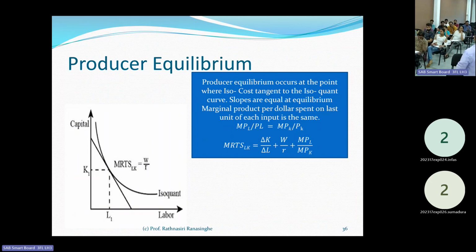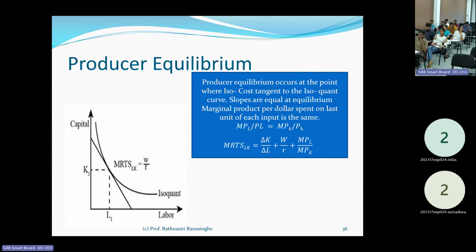That is the ratio between the marginal productivity of labor and its price: the marginal productivity of labor divided by the wage rate, W, and that equals the marginal productivity of capital over the interest rate. We can also derive that based on the combinations.